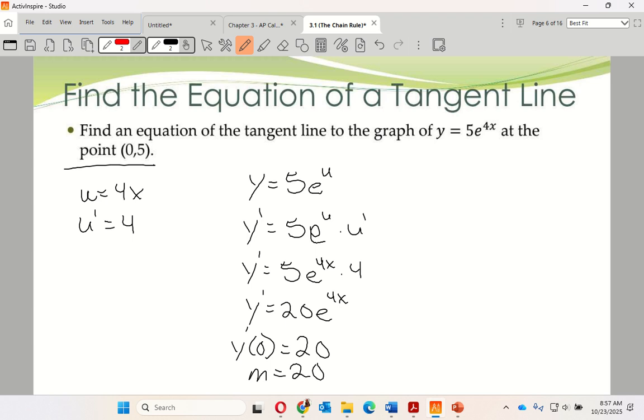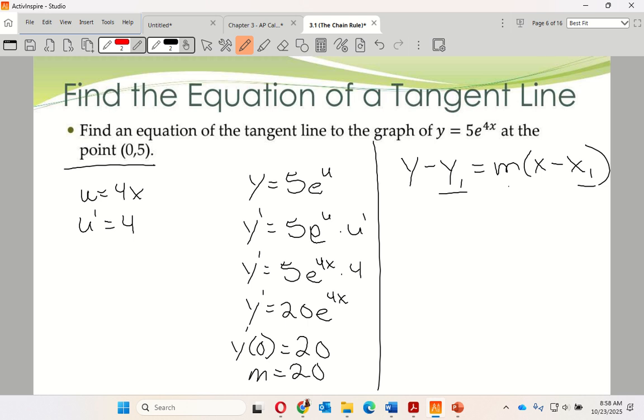What was that equation again? I'm going to put it up here in a second. So we got slope is 20, right? So y minus y1 equals m quantity x minus x1. Now, this is point-slope. It depends on what's given to me.